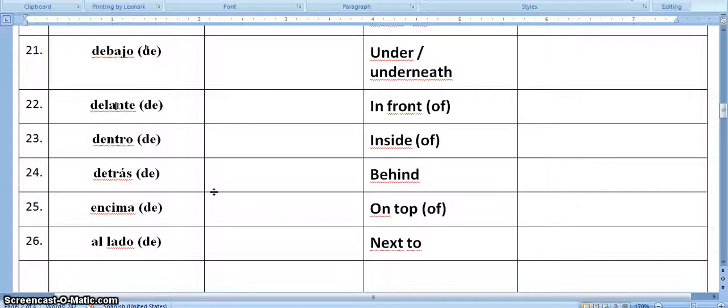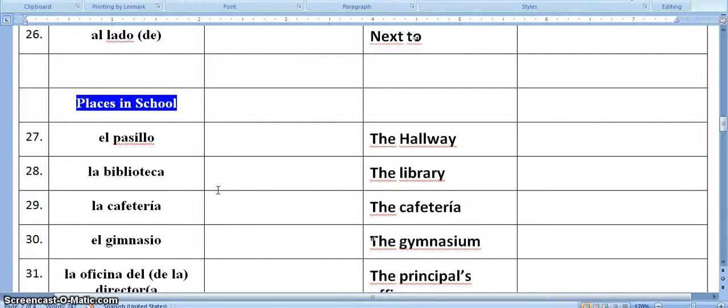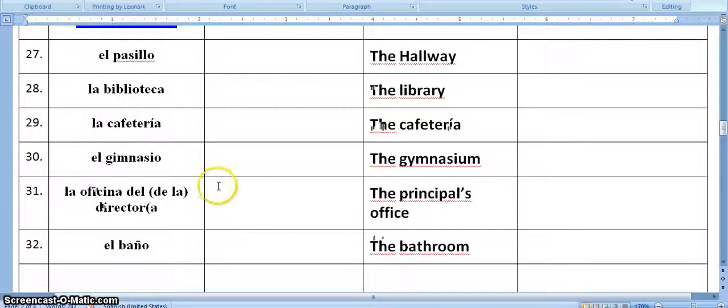Okay, so all those words right there would be used with estar, because if you heard the notes that I did on estar, the really awesome ones, you will know that these words deal with location, and estar deals with location. Okay, now, and if you didn't do the notes, well, shame on you.